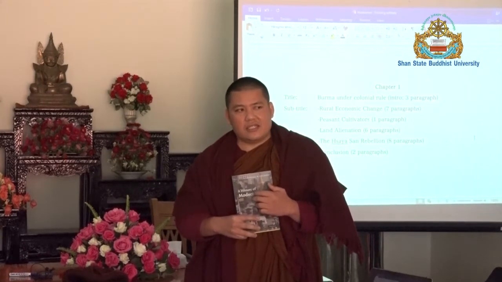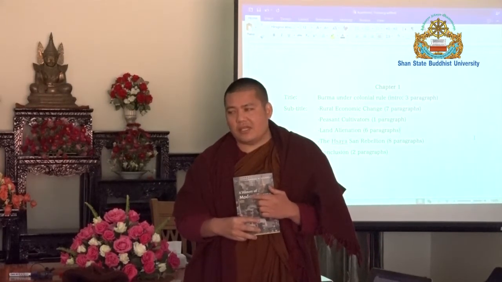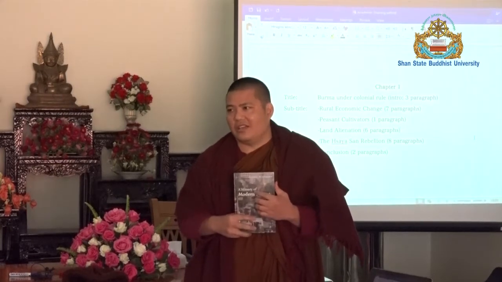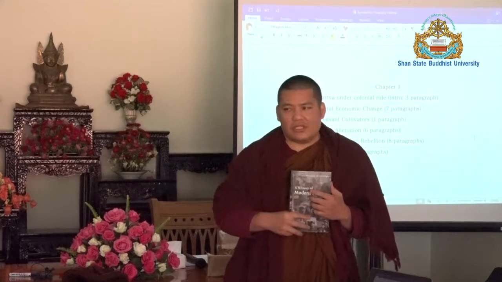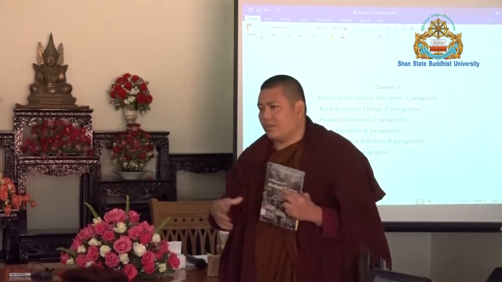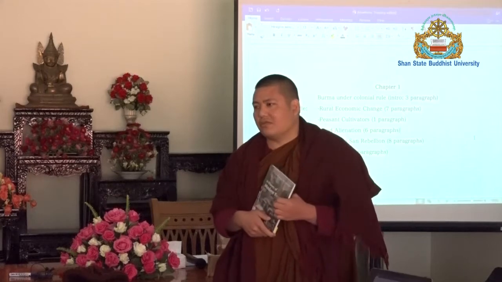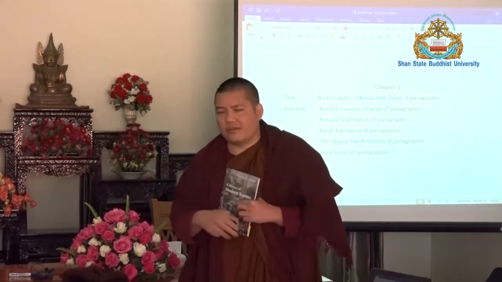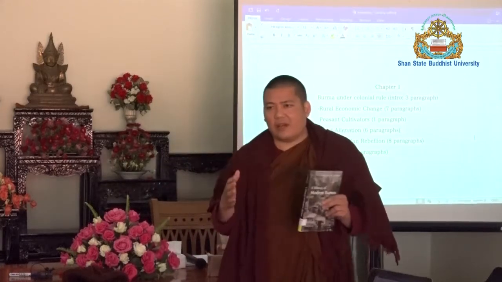This happened in the 1930s, and he disguised himself as a monk and ran away from Tharrawaddy to the northern Shan state. There he also got the people to rebel again, but he was captured, arrested, and hanged in Tharrawaddy the following year. This is what happened.